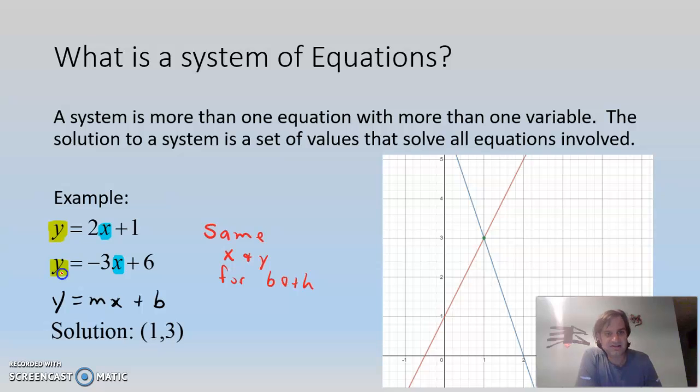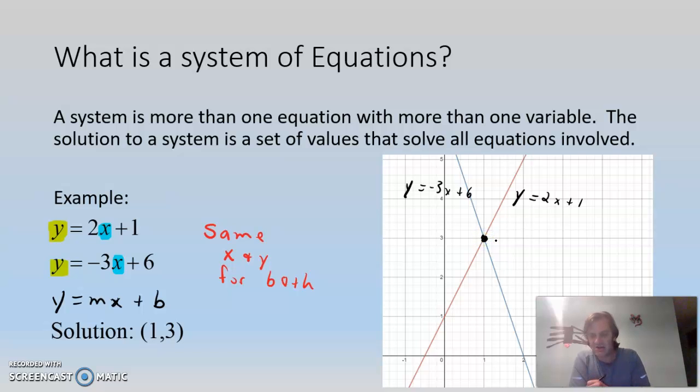Now over here to the right, I have a graph with both of these lines graphed. The red one is 2x plus 1, and the blue one is negative 3x plus 6. We see these two lines cross each other.